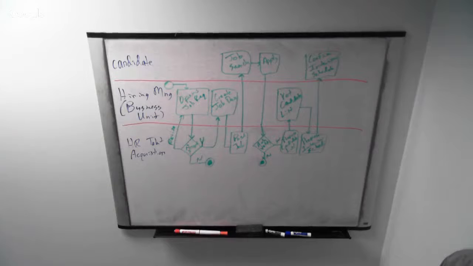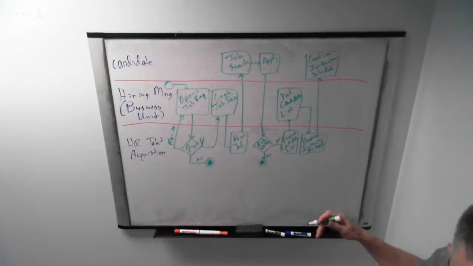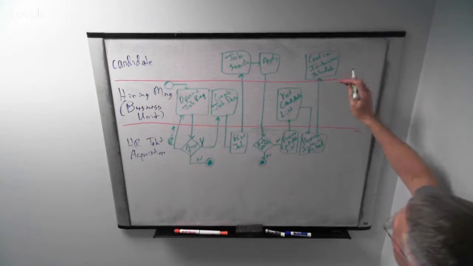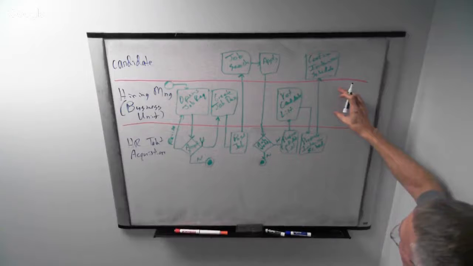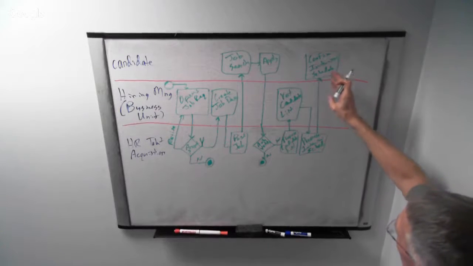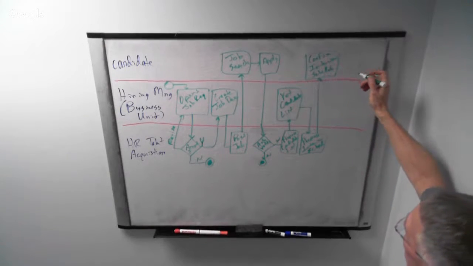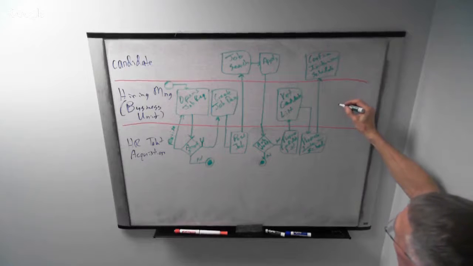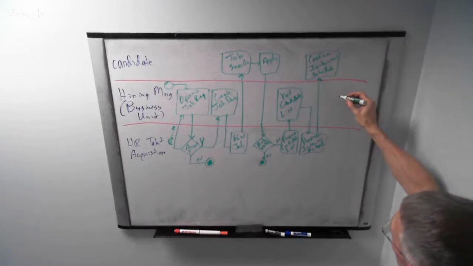Schedule means you're meeting with Mary at 9 a.m., Marjorie at 10 a.m., Ralph and Raja at 11 a.m., whatever it is, and then go out to lunch. So there's some type of confirmed interview schedule, meaning the candidate is going to be available on that date. And then there's a conduct interview.